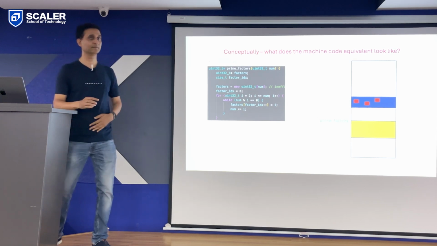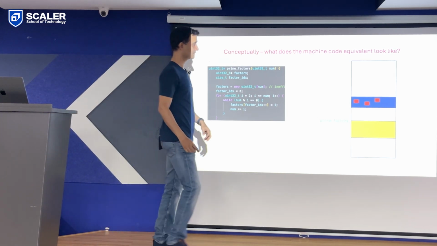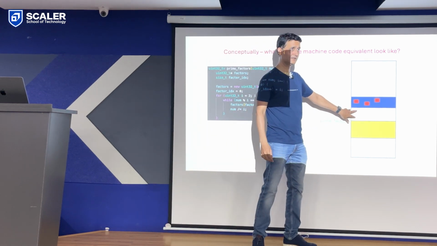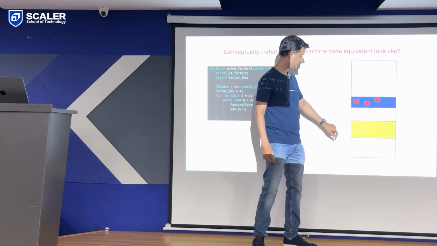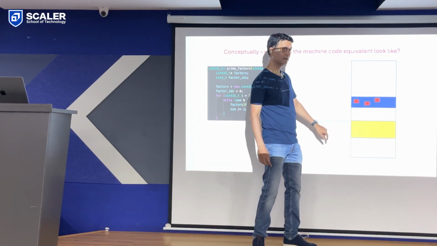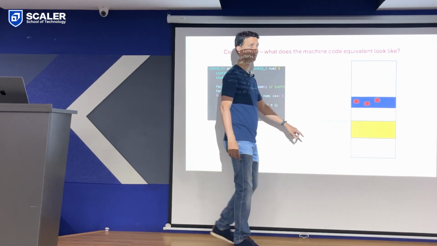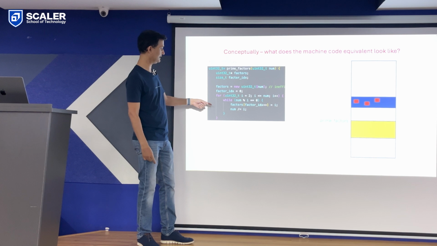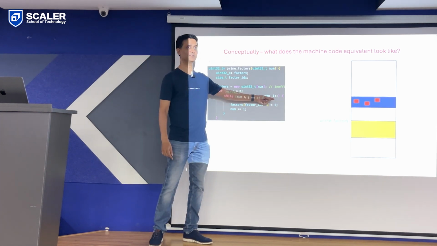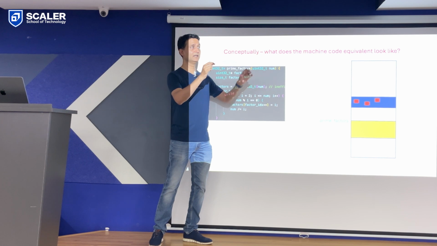What about the space of the function? Sorry, this space? The function space just has logic. See, when this function was getting executed, let's say i++, how would it get implemented in machine code?